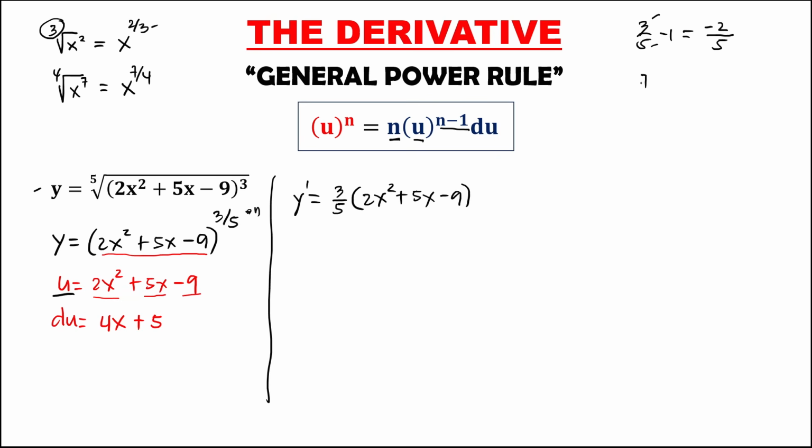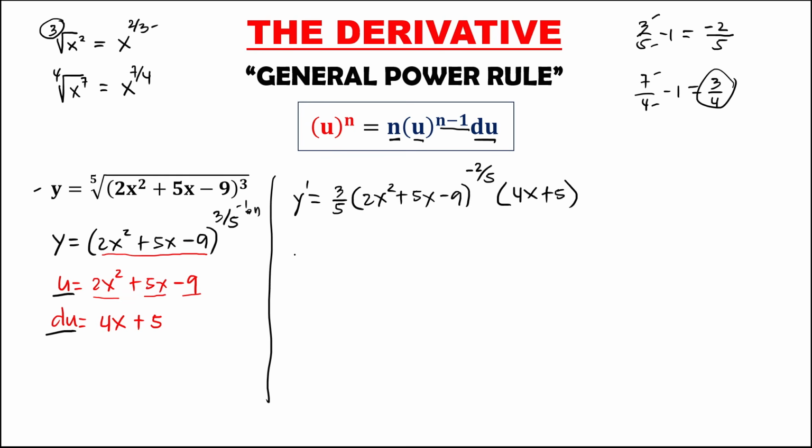If we have 7 over 4 minus 1, again just subtract these two numbers, 7 minus 4, that's 3, then copy the denominator, so that's 3 over 4. So for this 3 over 5 minus 1, 3 minus 5 is negative 2, and again just copy the denominator, then times du, and du is 4x plus 5.